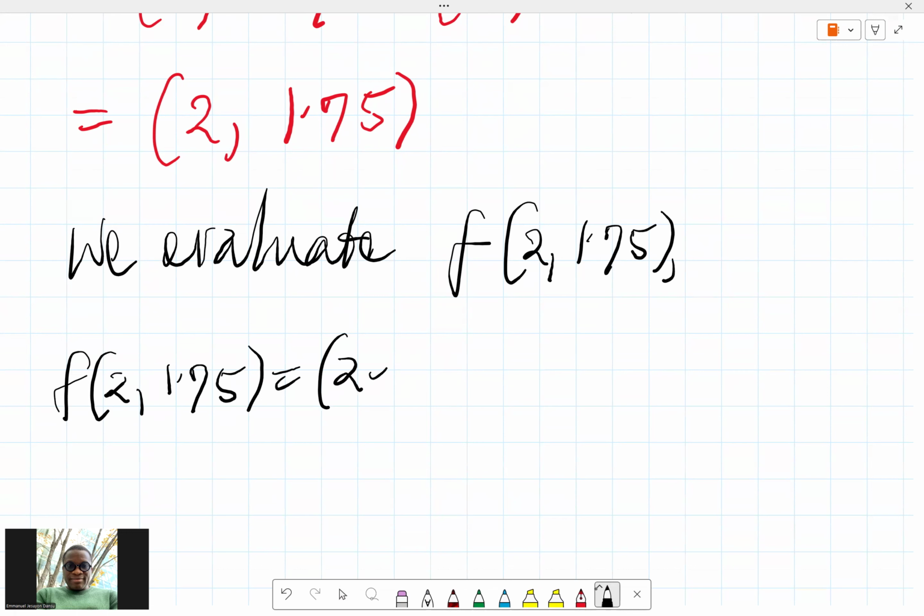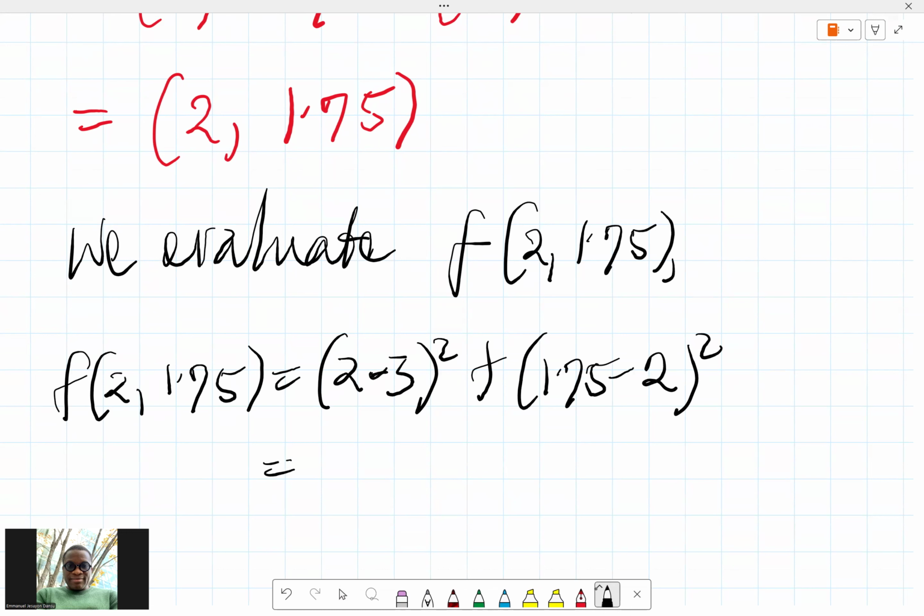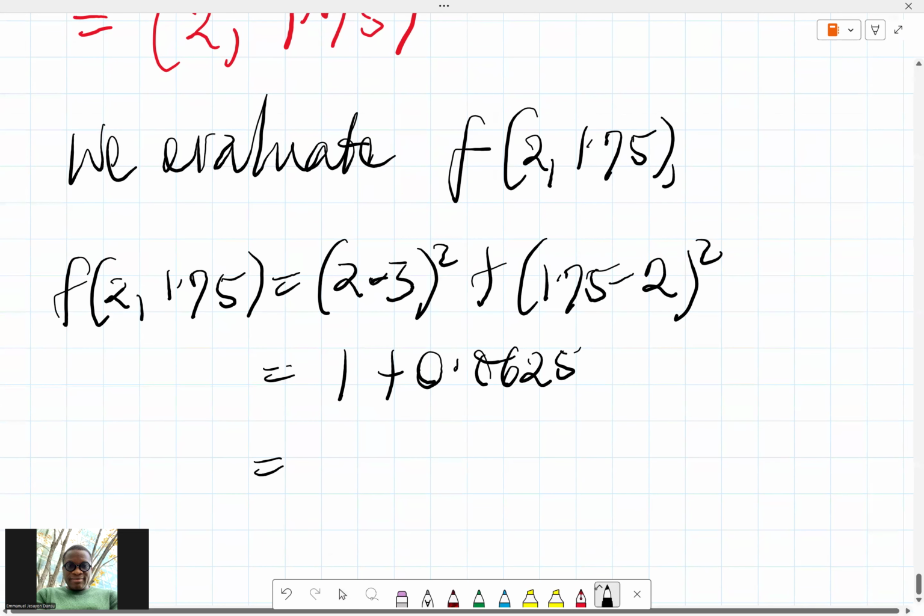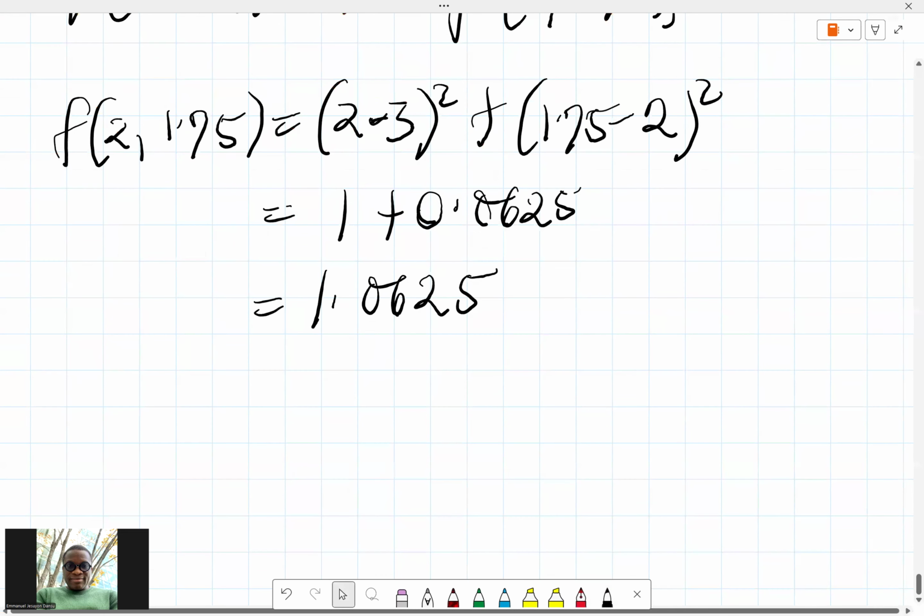That is equal to (2 minus 3) squared plus (1.75 minus 2) squared. 2 minus 3 is minus 1, so squared is 1, plus 1.75 minus 2, that is minus 0.25, and 0.25 squared is 0.0625, which is equal to 1.0625. So that's the function evaluated at that point.